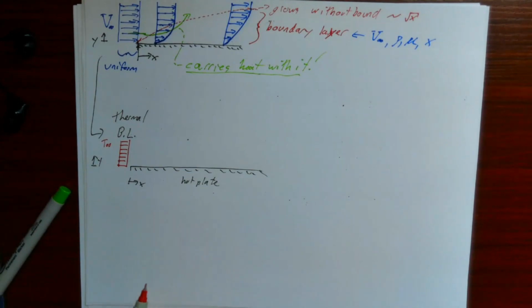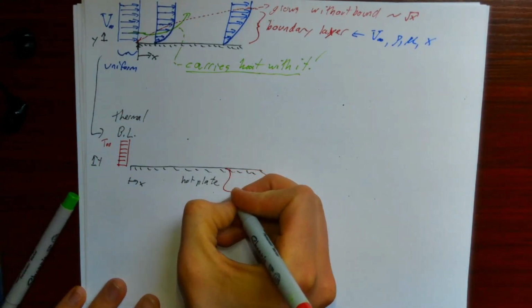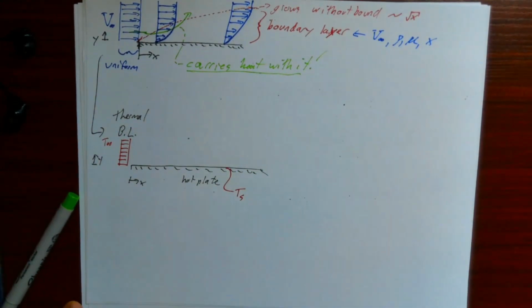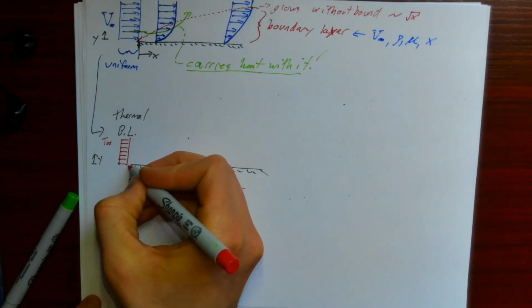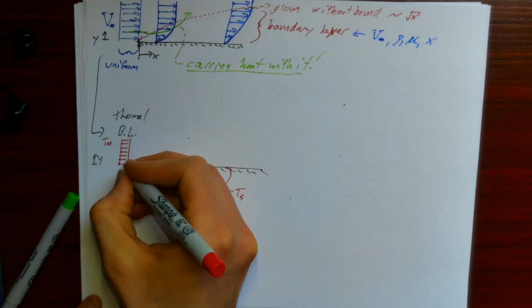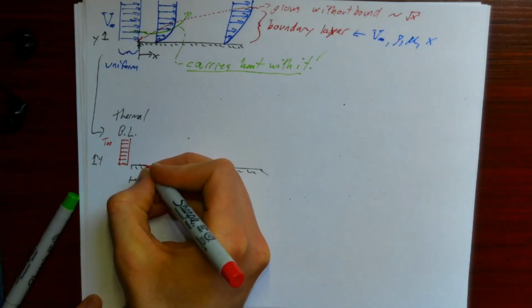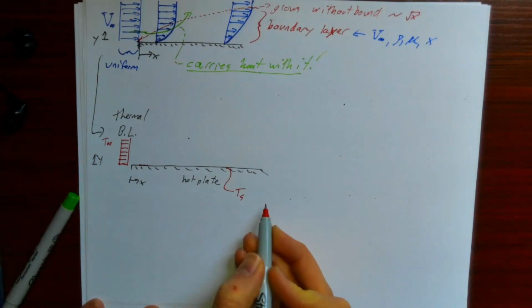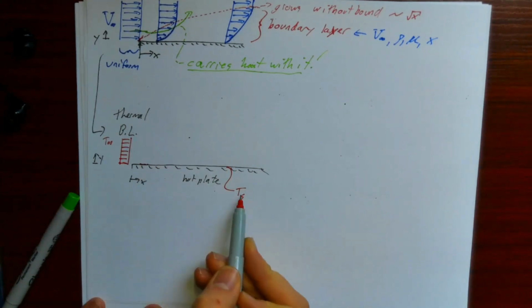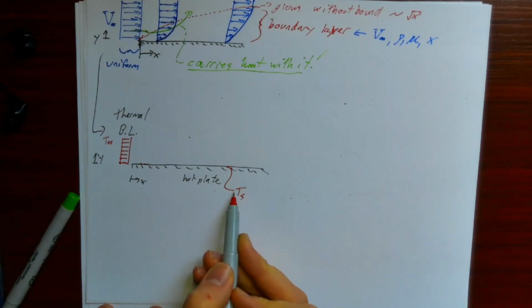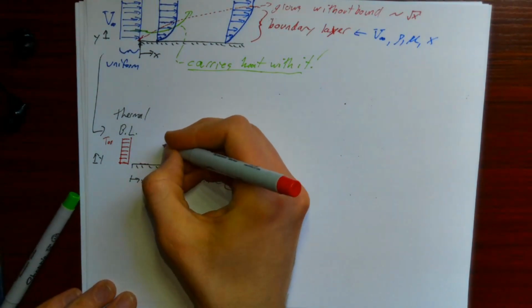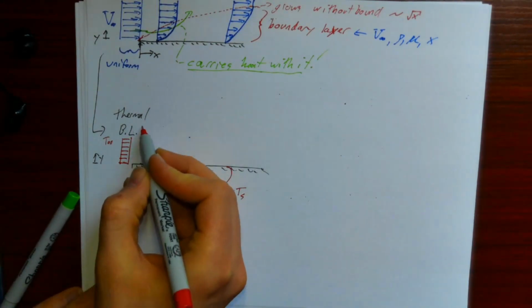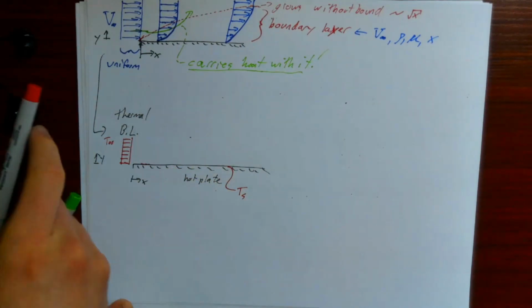But let's say I have some plate with a surface temperature here that's hotter than T infinity. As soon as this fluid encounters the plate, the molecules of fluid immediately adjacent to that surface almost instantaneously become at the surface temperature Ts, whereas fluid that's farther away from the plate might remain unaffected for a while.